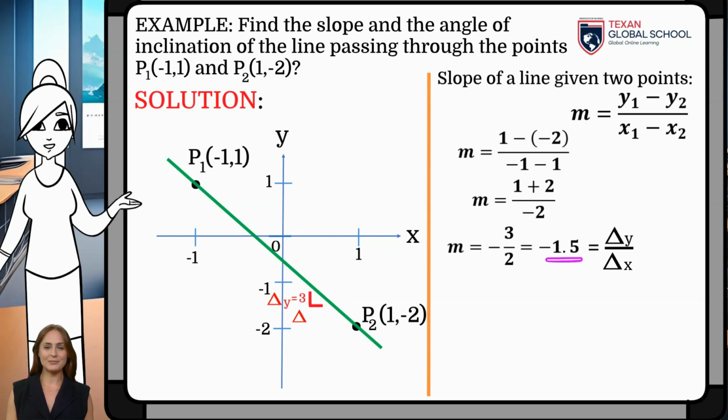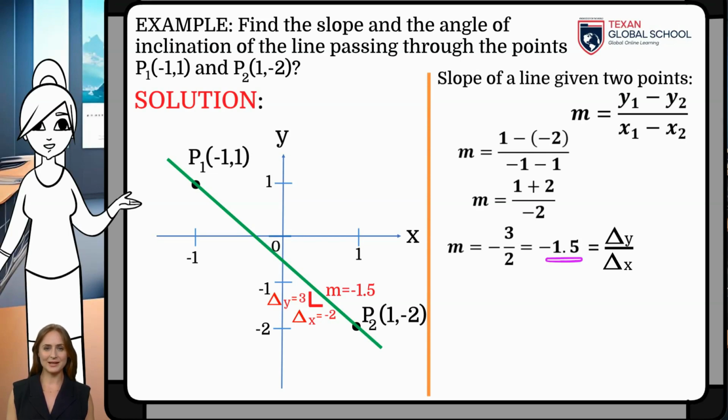In this case, the result is a negative slope of -3/2, equal to -1.5. We can see that the delta y is 3 and delta x is -2. That is, it advances horizontally to the left, that is, -2, and goes up 3 units. Or move 2 units to the right and goes down 3 units.